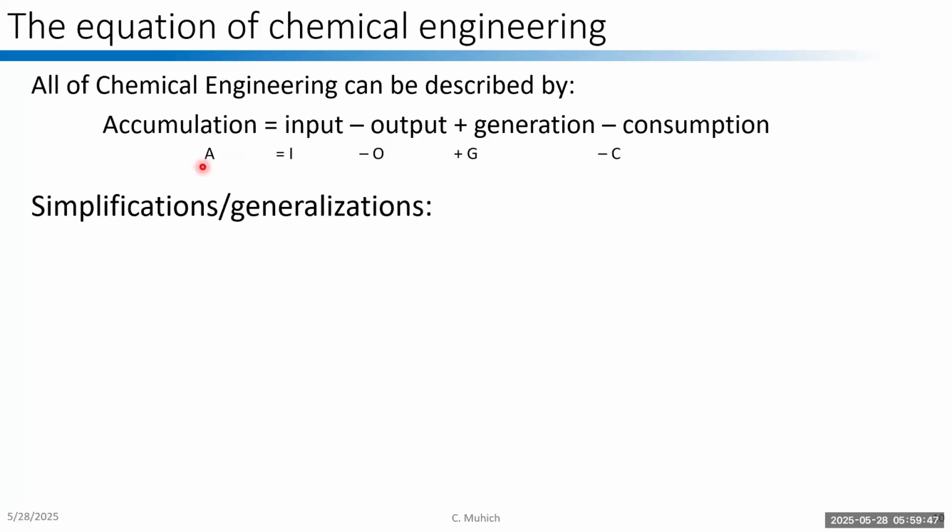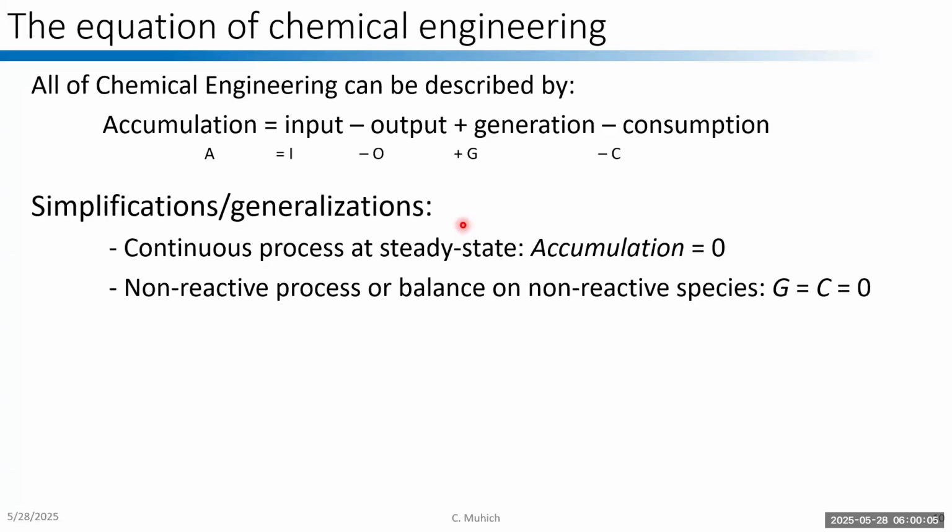Okay, but for today, we're going to leave off the high-end calculus and math, and we're going to just think about these in terms of mass balances. So let's look at some simplifications and generalizations about these terms.